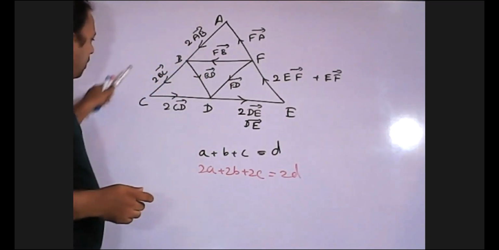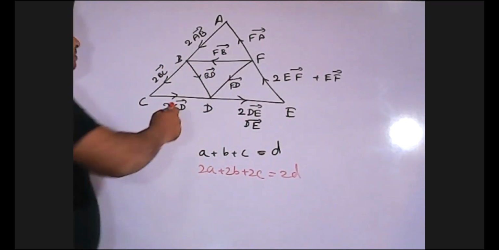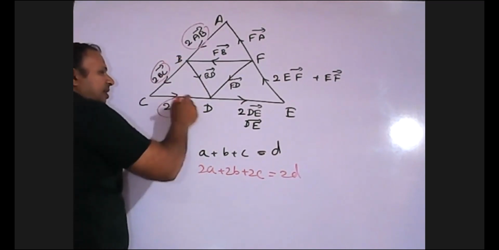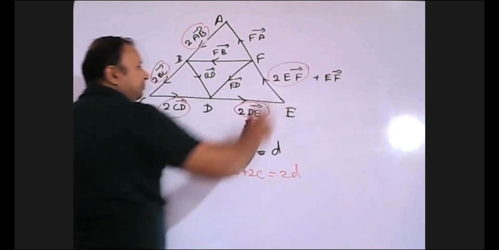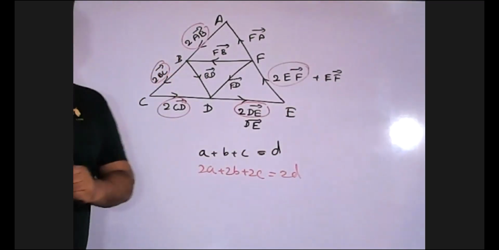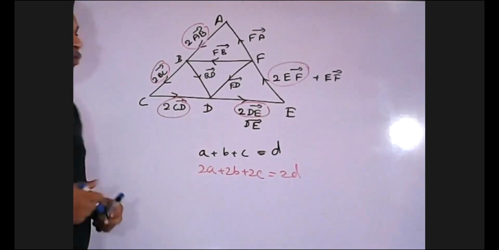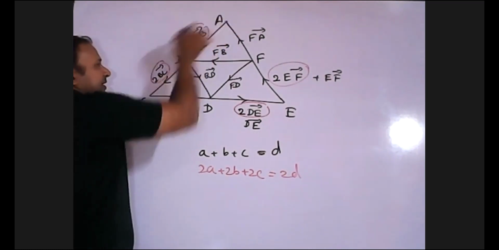Now consider all the 2 times cases. That means this one, this one, this one, this one, and this one. If I consider those cases, you can clearly see this is the starting point.